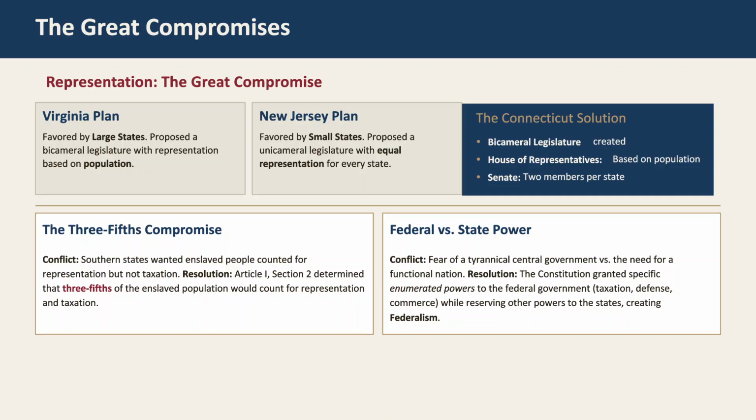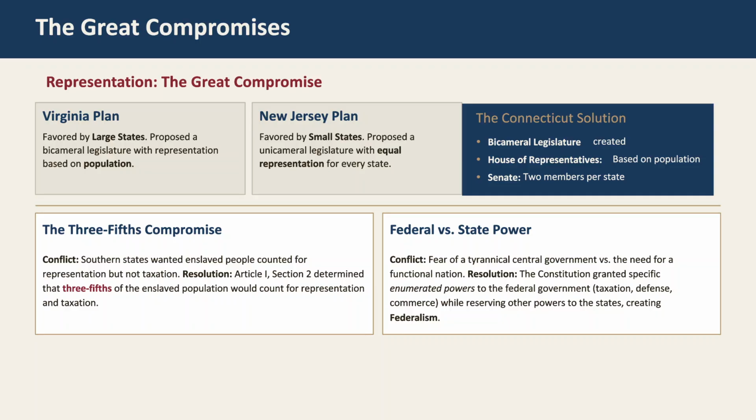They also created a system of federalism, and that divided the power between the national and the state governments to balance the need for a strong central authority with the fear of tyranny.